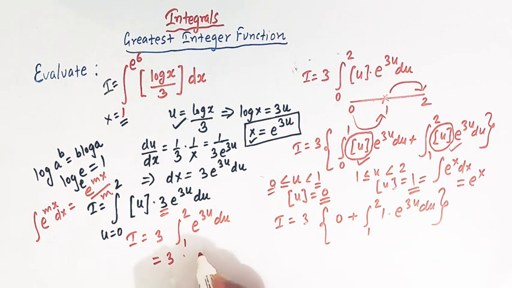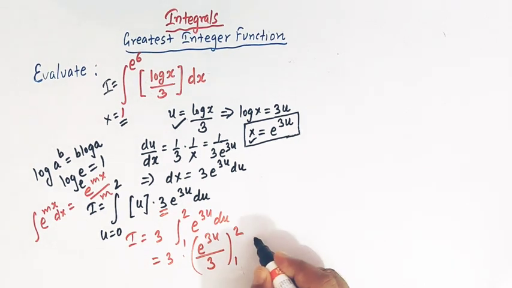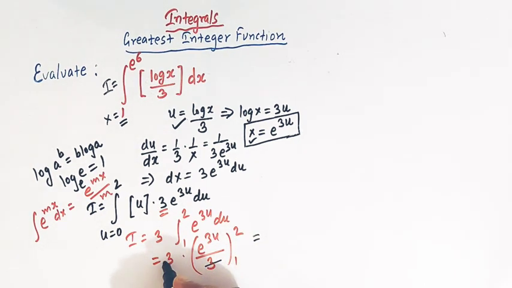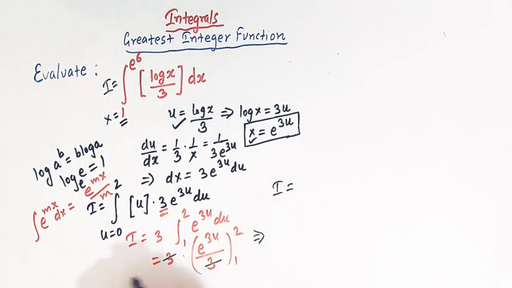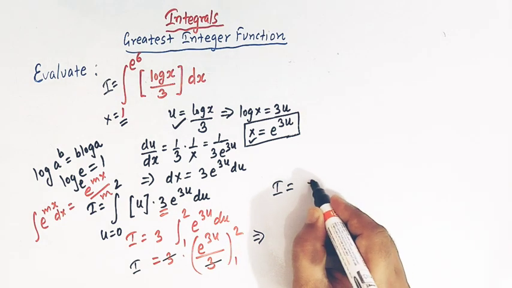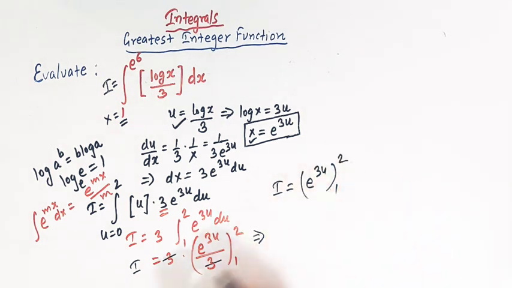So here we have e raised to 3u divided by 3, and the limits of integration are from 1 to 2. Now this 3 and this 3 get cancelled. So we have I equal to e raised to 3u, with limits of integration from 1 to 2.